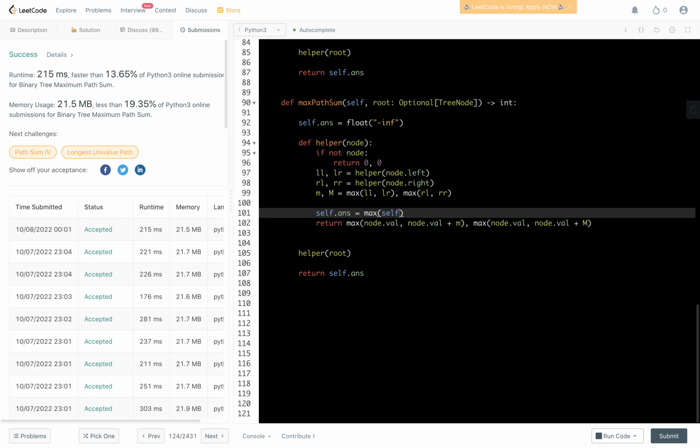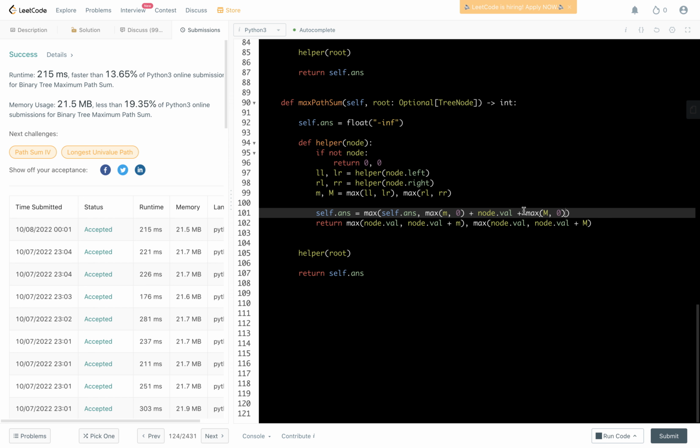So self answer, we just update once. So we want to check if we can go to left or right. So first we need to have the previous state, right? And then what we're going to do is that we can do this. So this will help us to check if we can go to left, right? If the max is 0, it means that we do not need to go to left.